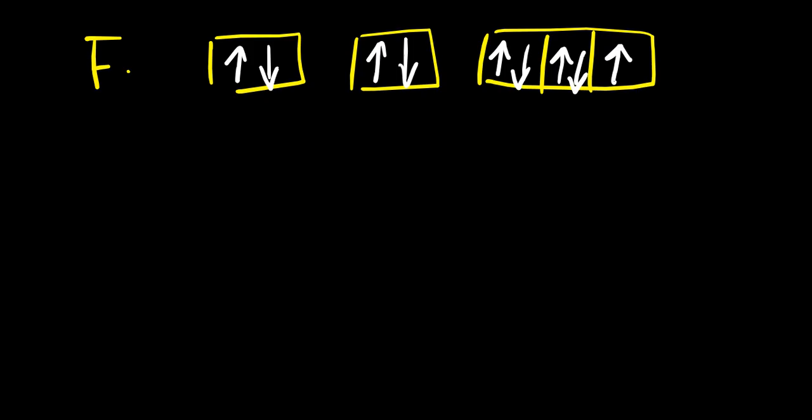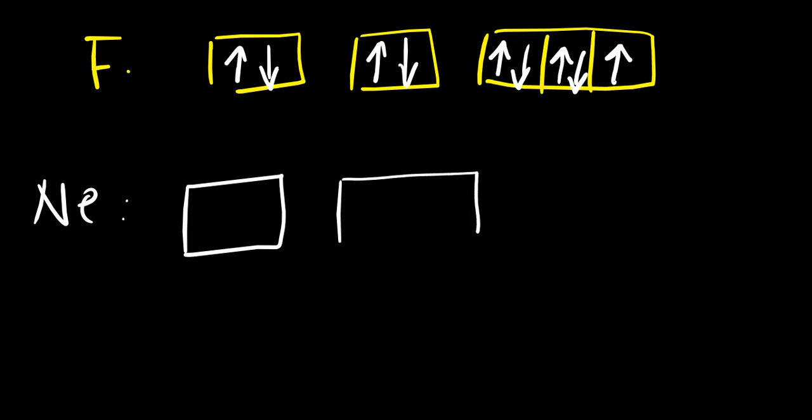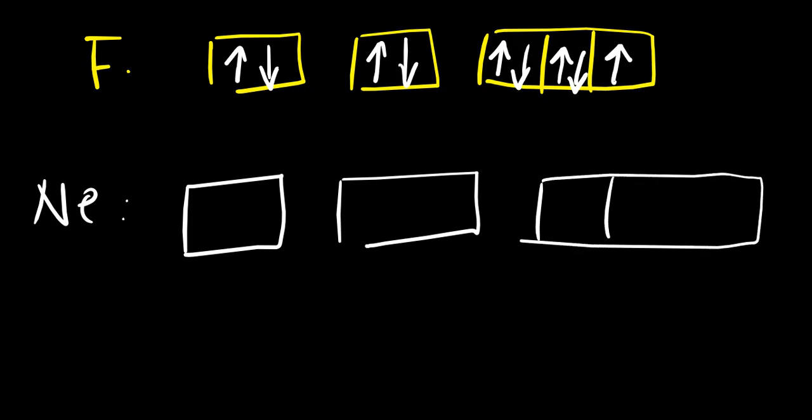What about neon? Neon is one of those stable gases. So what are you going to have? Let's say this is our 1s, this is our 2s, and this is our 2p. How are we going to represent it?